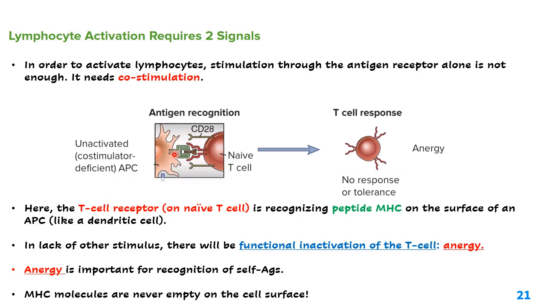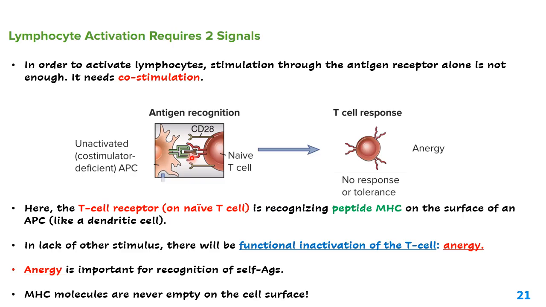It doesn't matter if it is CD8 or CD4 positive, it's not going to activate the T cell. The main reason is that an MHC molecule on the surface of a presenting cell is always going to have a piece of peptide presented on it. You're never going to find empty MHC on the surface of a cell.